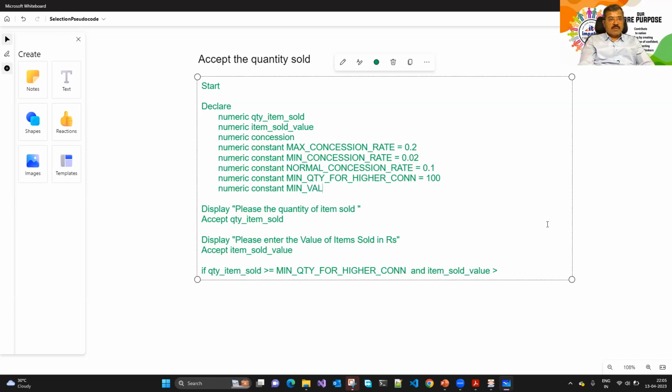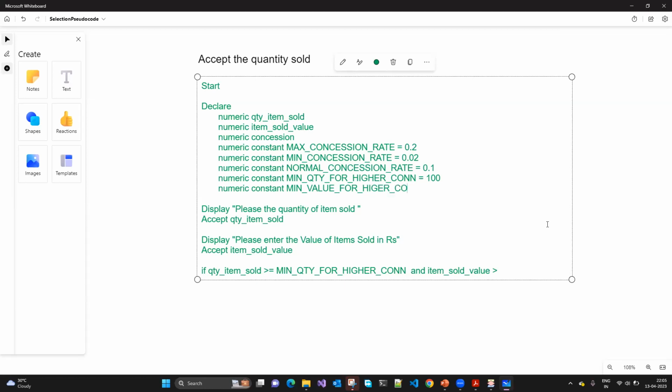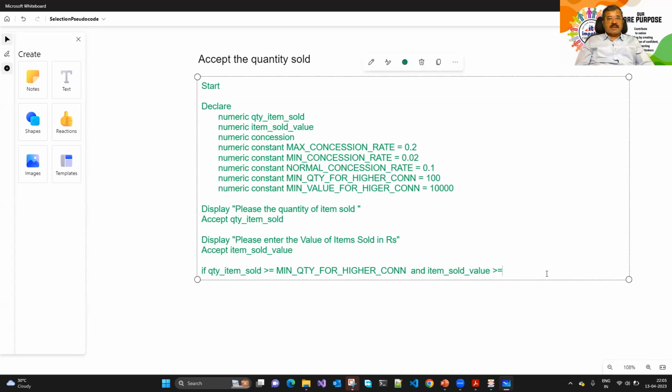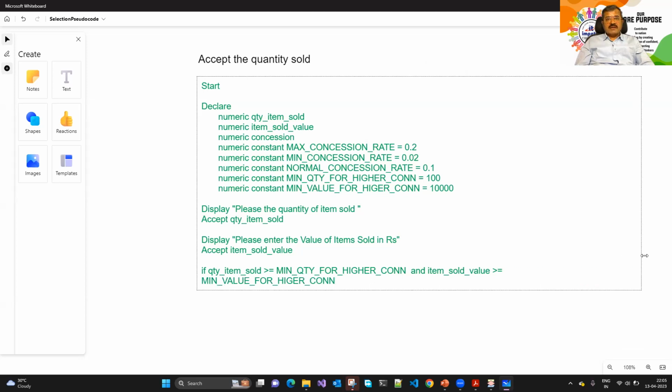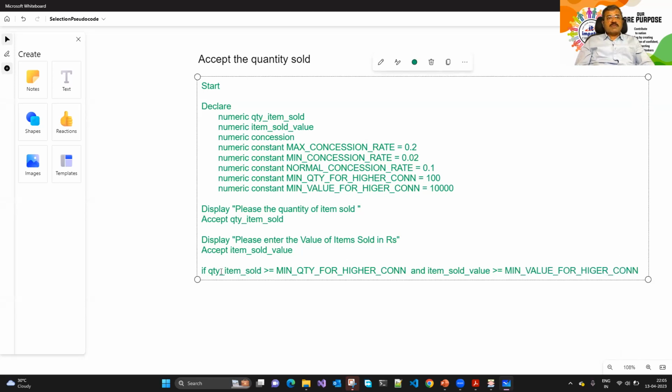The station is 10,000, so make it greater than or equal to, otherwise people will get upset, they get nothing for saving 10,000. Okay, so I'll say, the question says greater than, so greater than was needed, but we are a bit more lenient there. So that's a big condition that we are in.